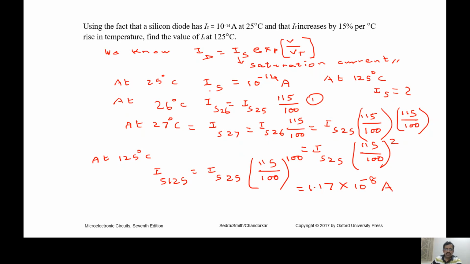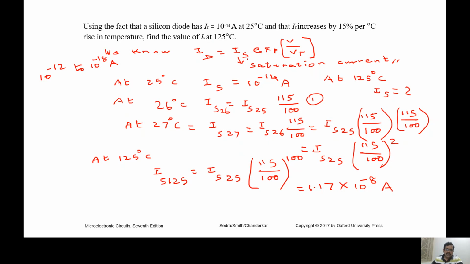Now think about it. In the class I told you that the saturation current is typically of the order of 10 power minus 12 to 10 power minus 18 ampere, extremely small. But here, compared to that value, we are getting 10 power minus 8. So more carriers.